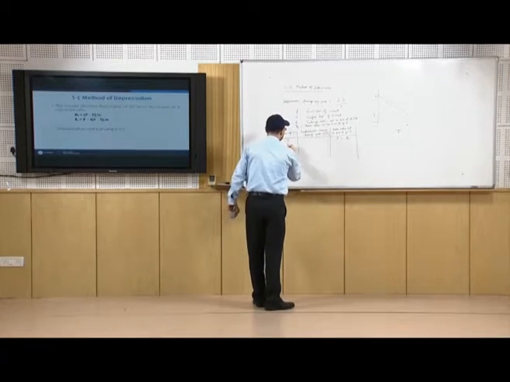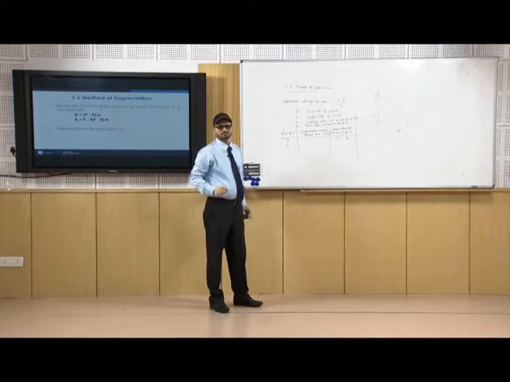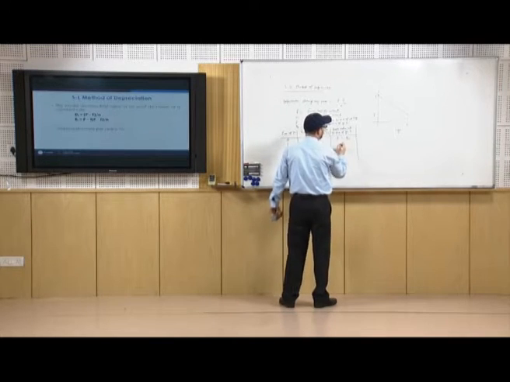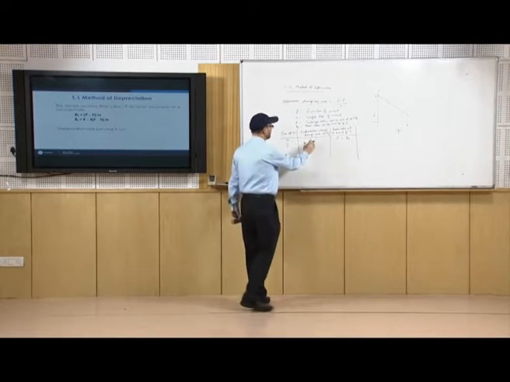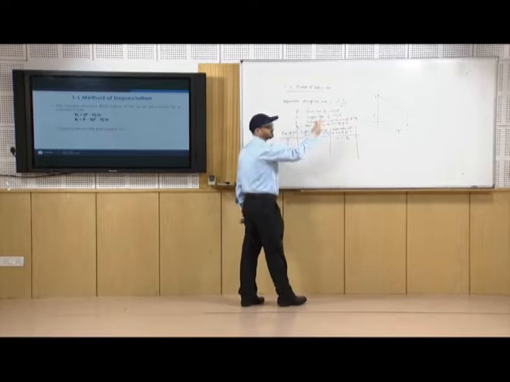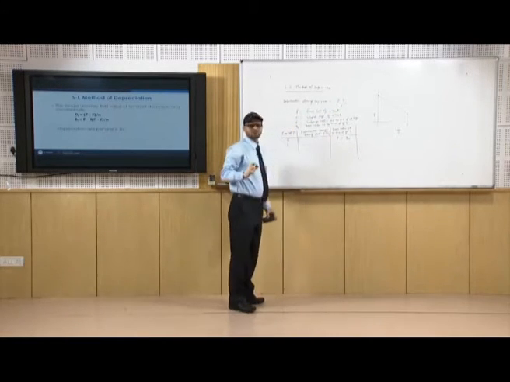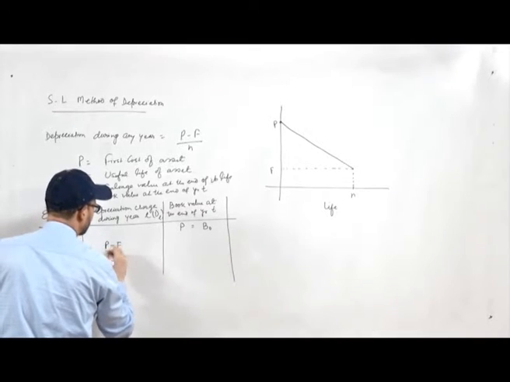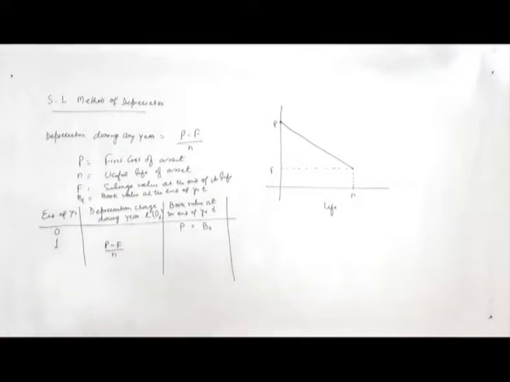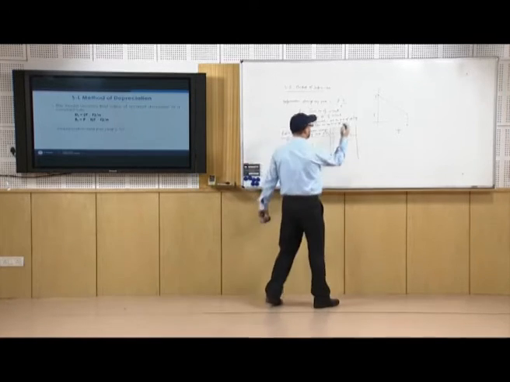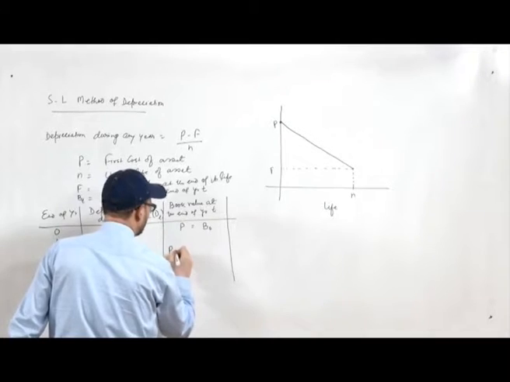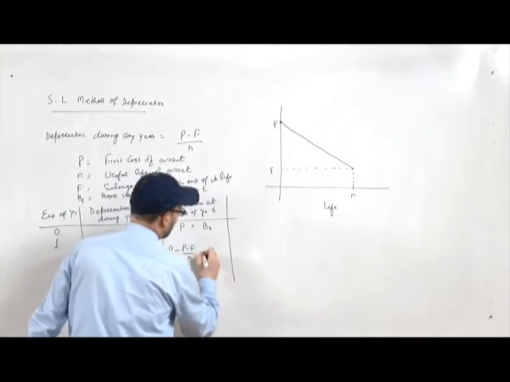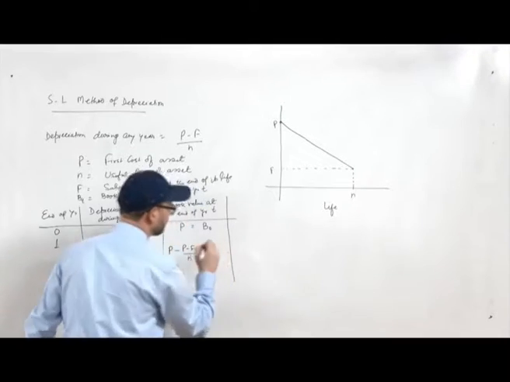Now at the end of the first year the depreciation is to be calculated. During the first year, as we have discussed, this amount is constant, so your depreciation charge is (P minus F) by N. So the book value will be P minus (P minus F) by N, and this will be B 1.